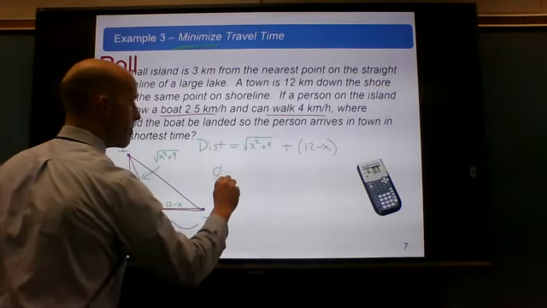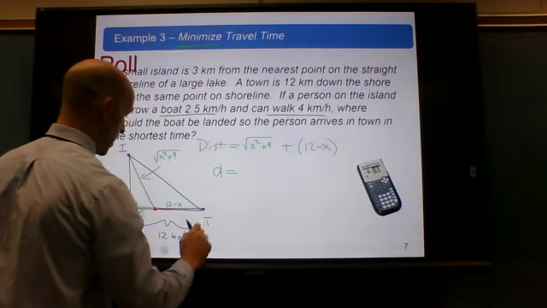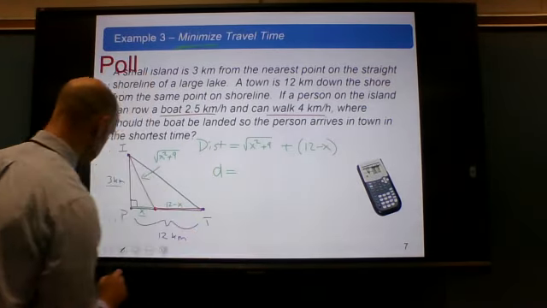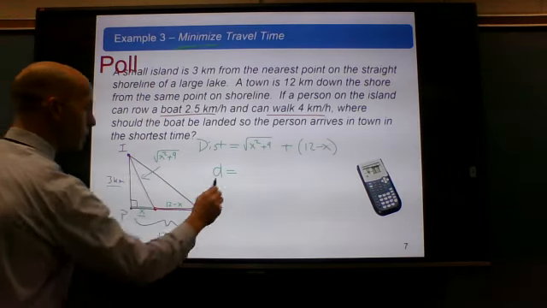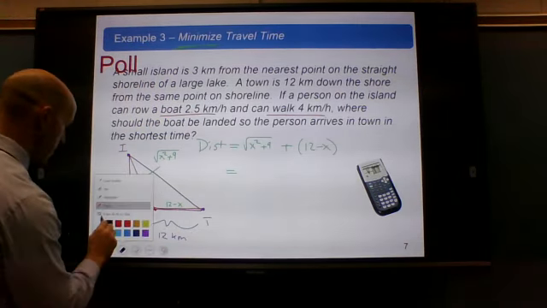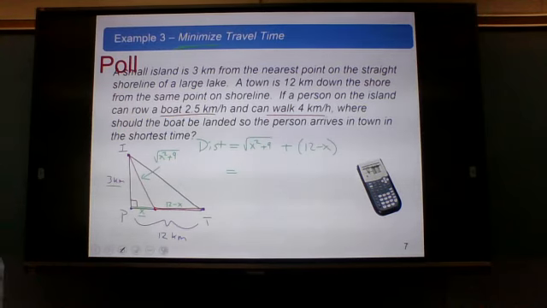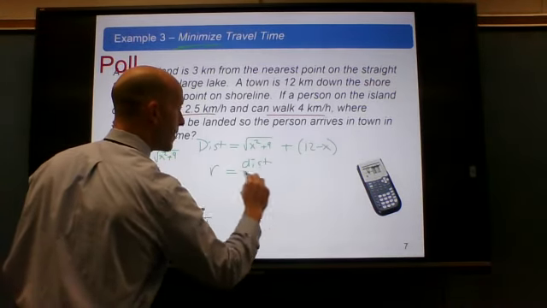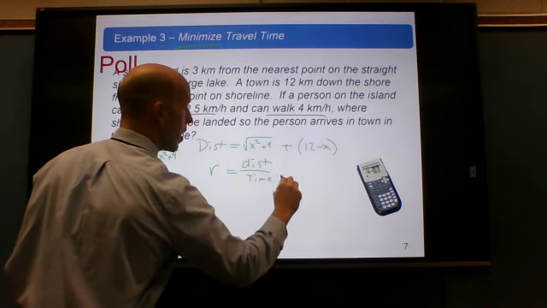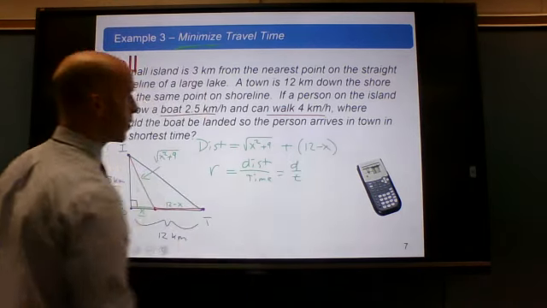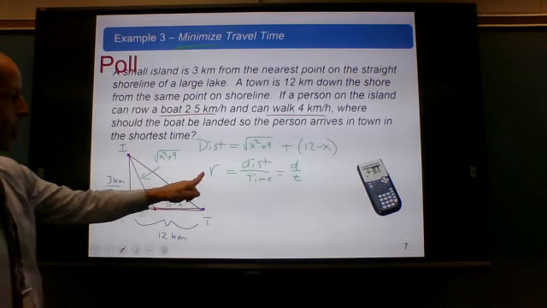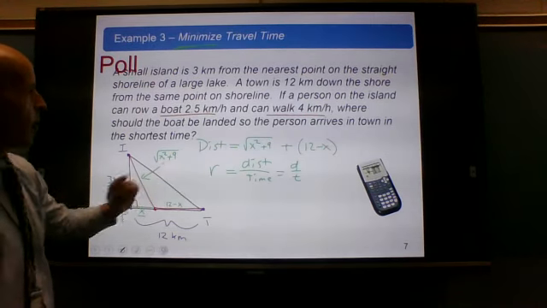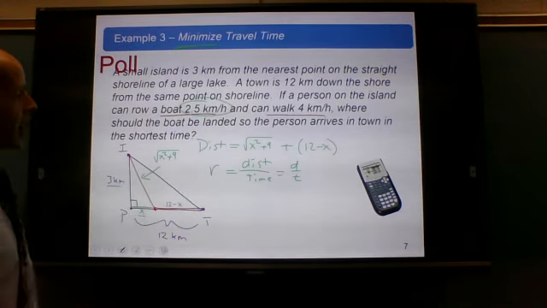And hopefully you remember that distance is equal to, or actually let me do it this way. Rate is distance divided by time, or I'll say that's d over t. You probably already knew that. So we're interested in time, but we know that, for example, this is a rate, right?